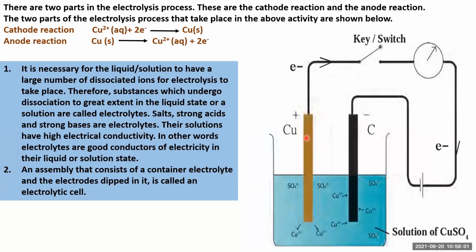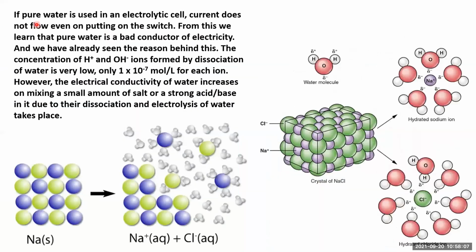Next, if pure water is used in an electrolytic cell, current does not flow even on switching on. What happens if you use pure water? Pure water means only molecules of H2O, 2 hydrogen and 1 oxygen, are present.